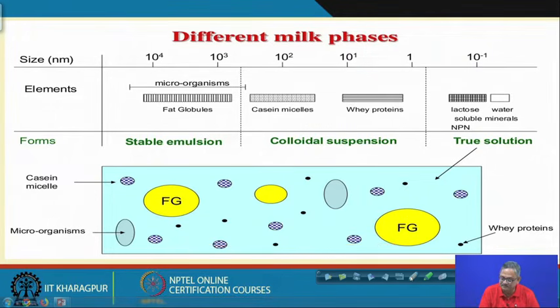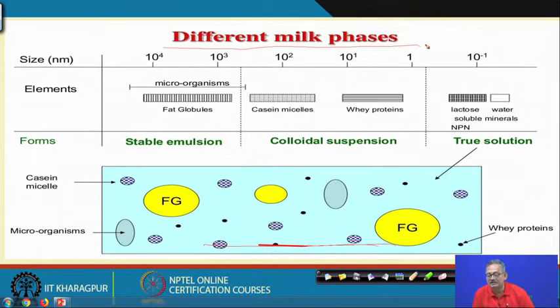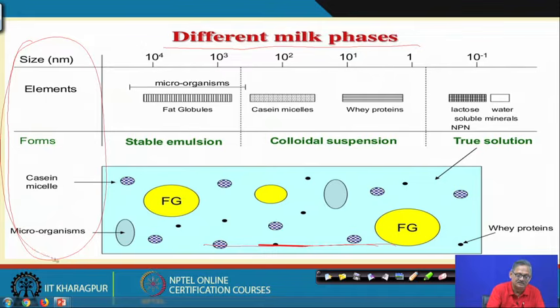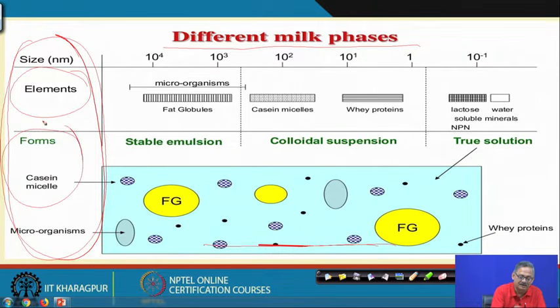For example, in this pictorial view we have given size in millimeter or nanometer, and the elements and what forms they are available in, that is being depicted in this picture, right.